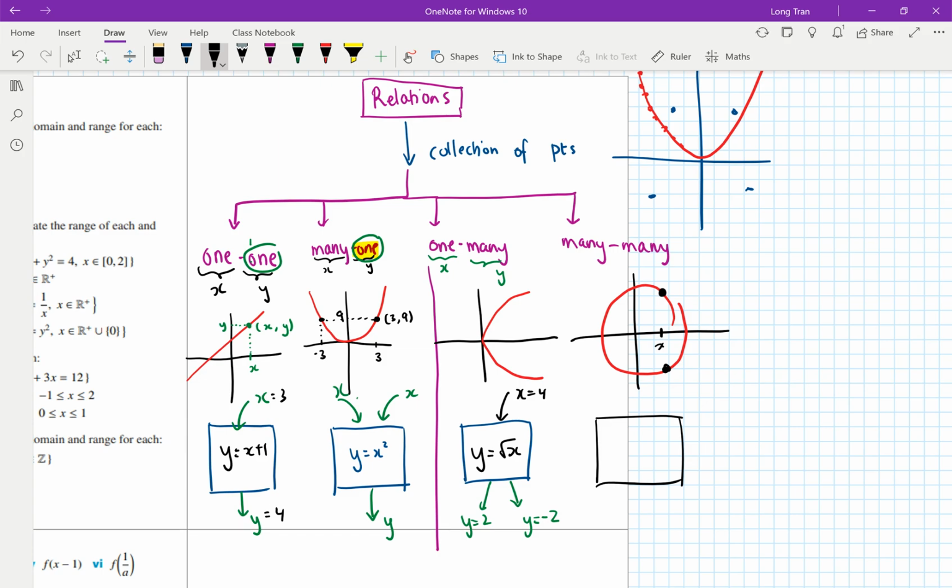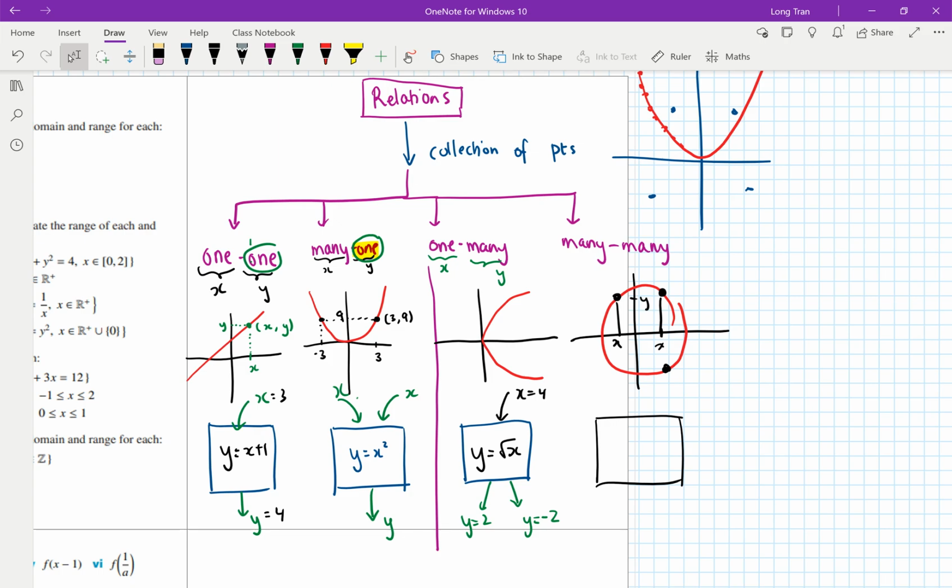So that means when I sub in 1x, I can get 2 y values. But similarly, for that one y value, I can also get 2 different x values. So for one y, I can get 2 different x points. So that means this is a many x to a many y value.